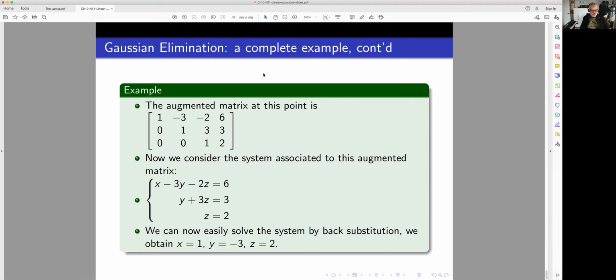Now let's go back briefly. We've talked about this last time, where systems in general can have three situations. There's the situation where you can have a single unique solution, there is the possibility of no solution, and then there's the possibility of infinitely many solutions.